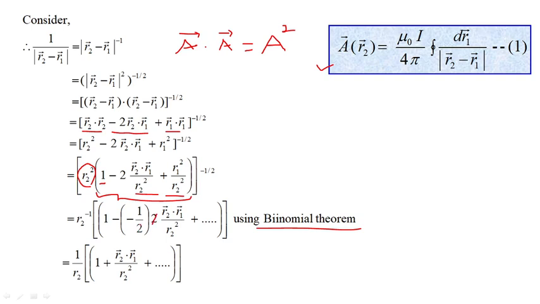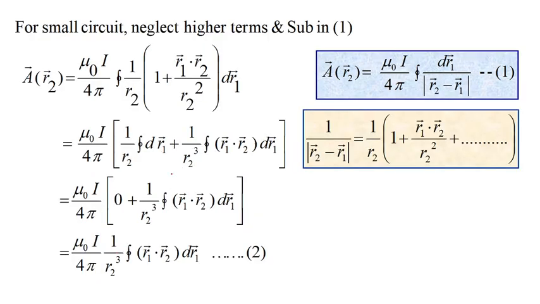The 2 and 2 cancel, minus minus becomes plus, and we get 1 by R2 times 1 plus R1 dot R2 by R2 square, plus higher terms. This is equation 1, which we are going to substitute. Higher terms we neglect because they will be smaller: they involve powers square, cube, fourth, then raised to 5, so they become smaller and smaller. We can neglect them with respect to 1.